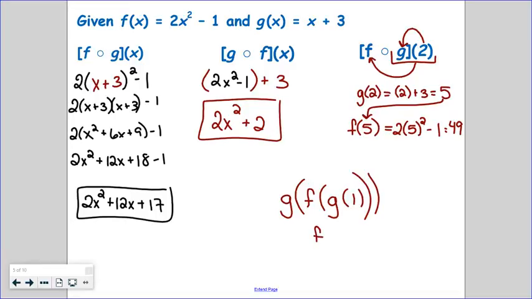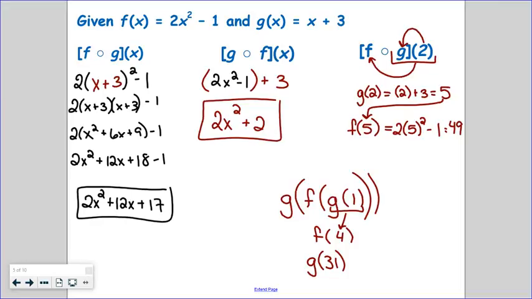So then I would do F of 4, because that's what this answer is, right? And so F of 4, let's see, 16 times 2 is 32, minus 1 is 31. So then I get 31, and I would move back out to the outside and do G of 31. Plus 3 is 34, and we would get a final answer of 34. So you don't have to do like crazy amounts of work. It's just plug in from the inside out. Questions on that?